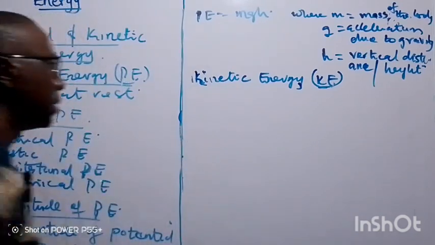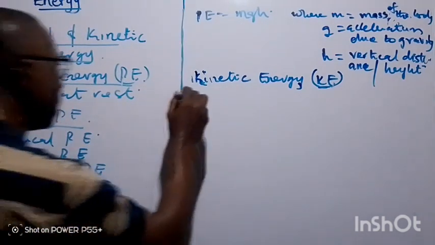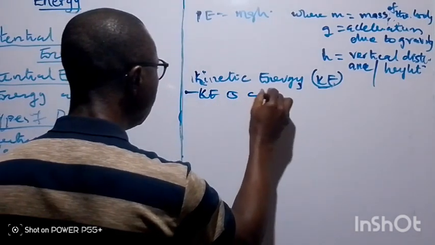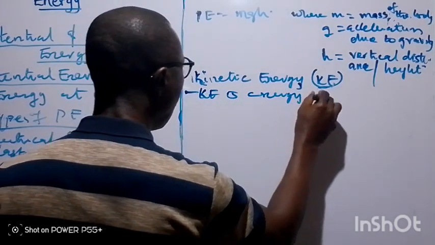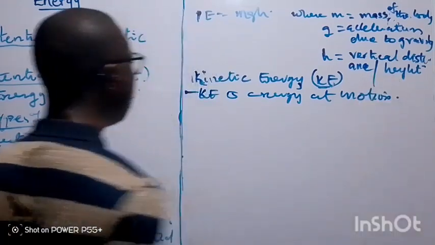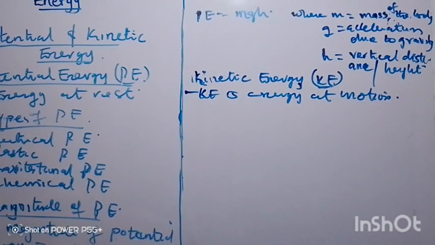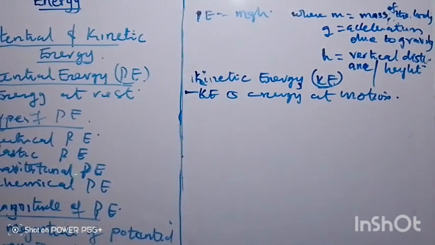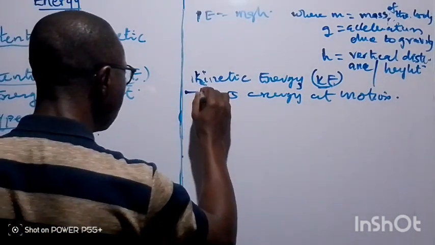In short, we can now say KE is energy at motion. That is, when an object is in motion, the type of energy possessed is kinetic energy. So KE is energy at motion or energy possessed by a body when it is in motion.